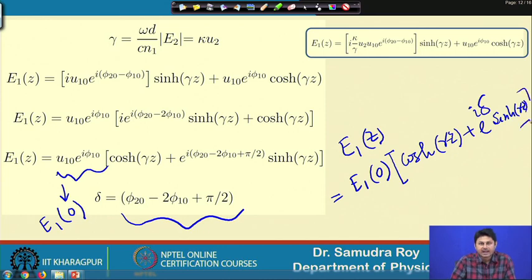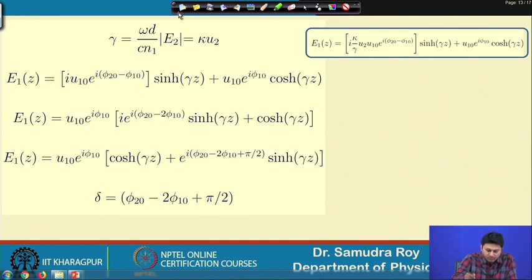So, we will have a term like this. Let us see what is the implication of this term.